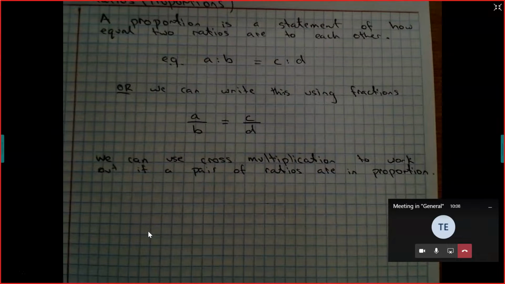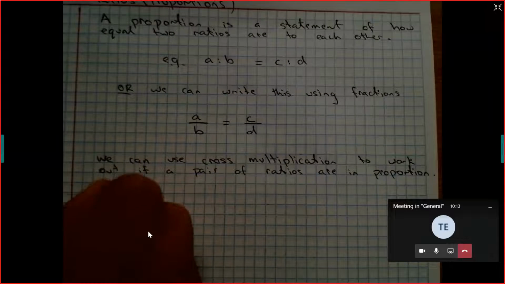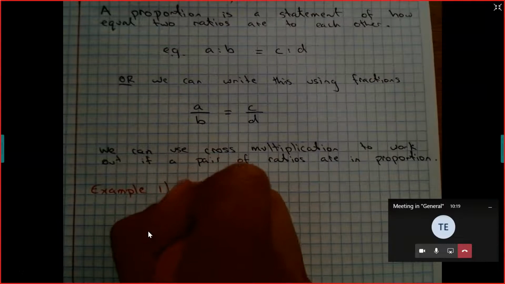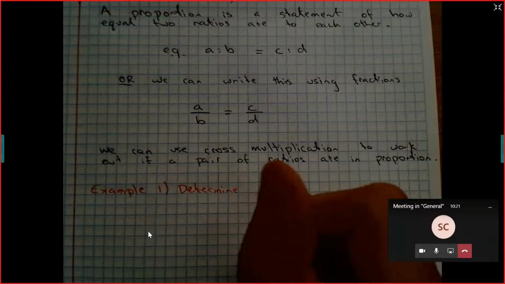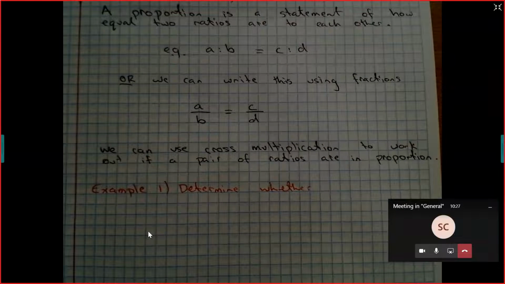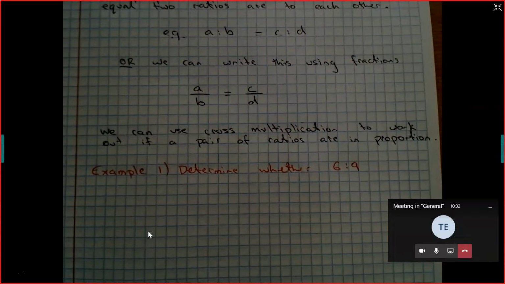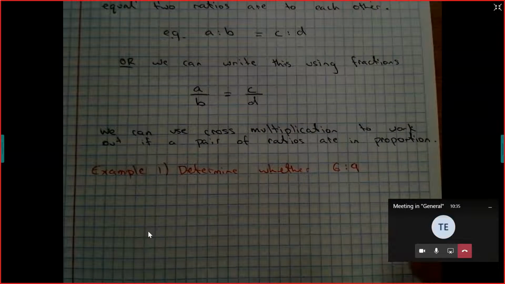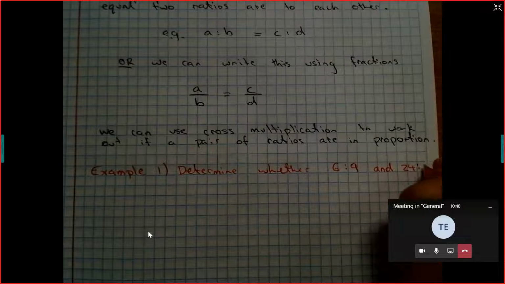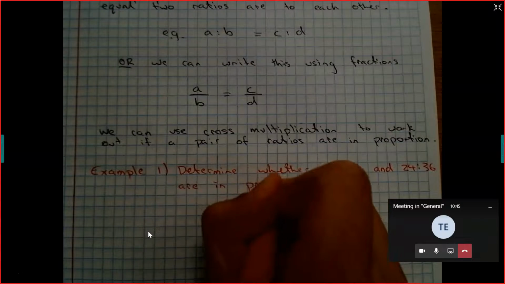I'll show an example of what I'm talking about. We want to determine whether the ratios 6 to 9 and 24 to 36 are in proportion.